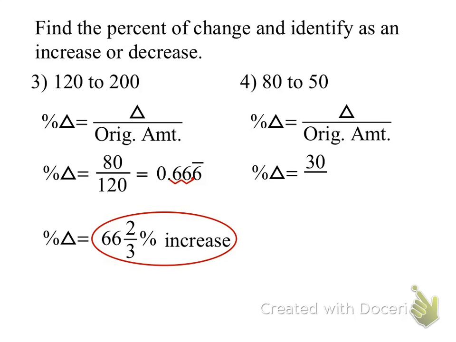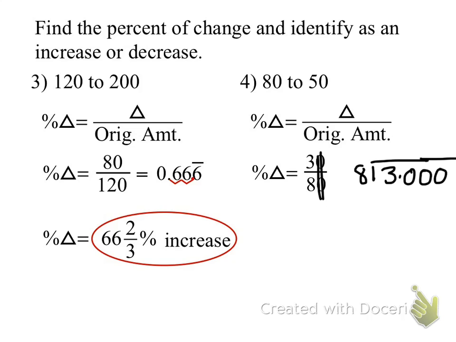Now, we could say negative 30 over 80, but negative 30 over 80 just means it's a decrease. So right away, for it to be easier for me, I get rid of those zeros, and instead of doing the dividing with 30 and 80, I'm going to divide numerator and denominator by 10. Look at this. And I'm left with 3/8. So now what I have is top dog goes into the doghouse, the 3.